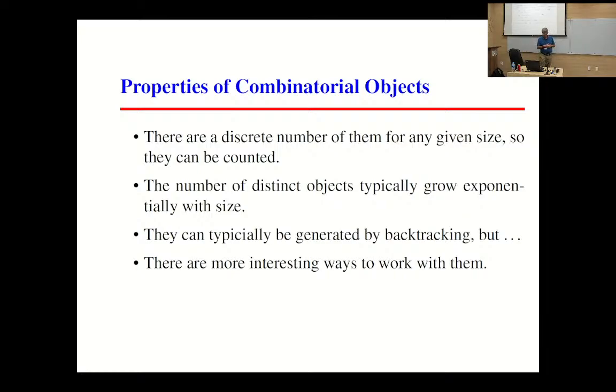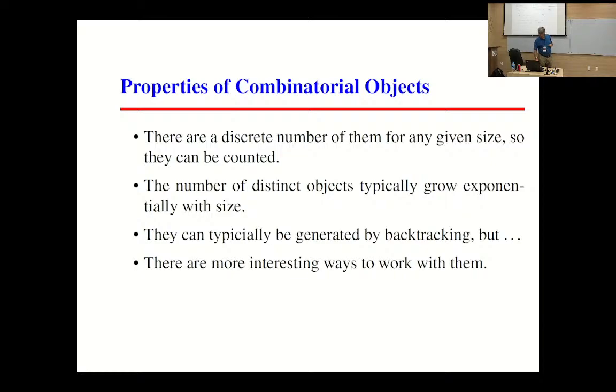And for all of them, there is a finite number of things once you know what n is. Now, the number of variants of each object typically grows exponentially, which means you can't list all of them for anything but a small number of items.